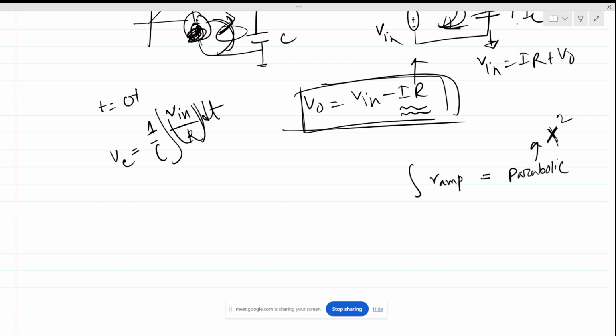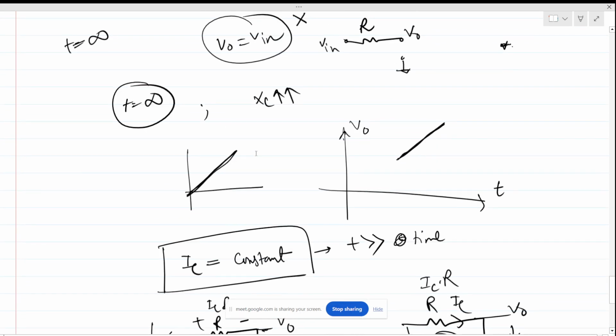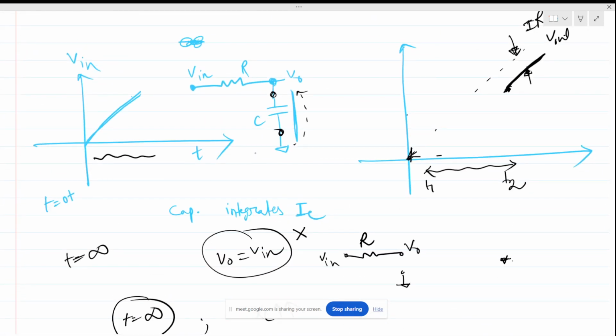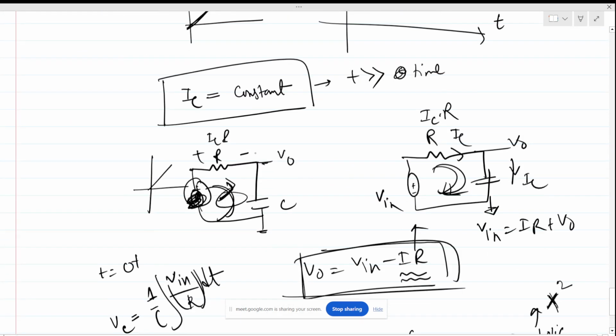If we do it mathematically in this time duration, we will find there will be a t square term. So this will be a parabolic shape here. You can do the mathematics as well.